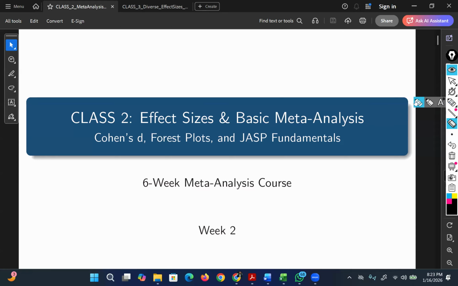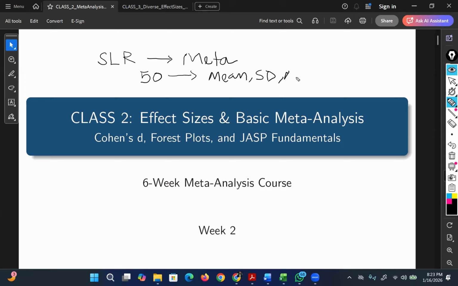Now, while doing that, when we are doing the SLR, the systematic literature review, and as I told you, the journey is from systematic literature review to meta-analysis, let's assume we are talking about 50 studies, and from these 50 studies we are trying to find out the mean, standard deviation and sample size of the different studies.